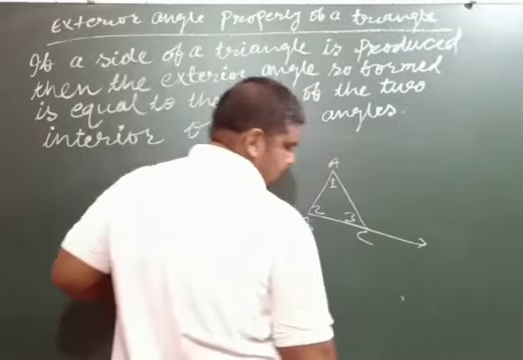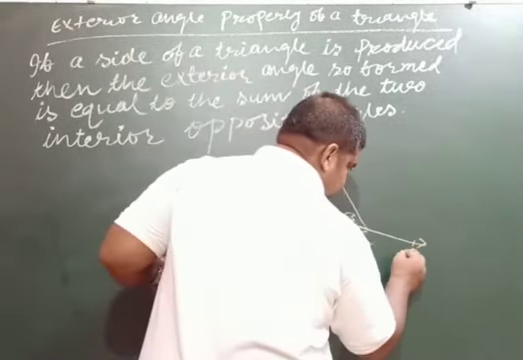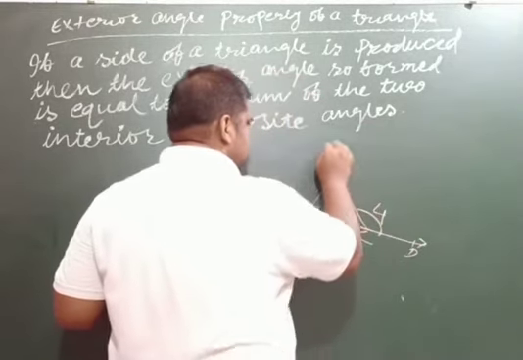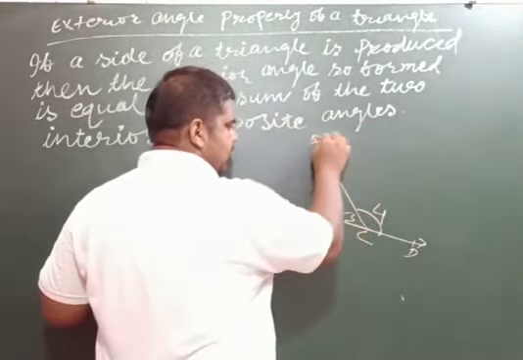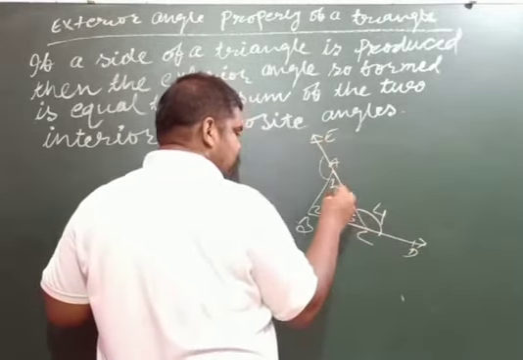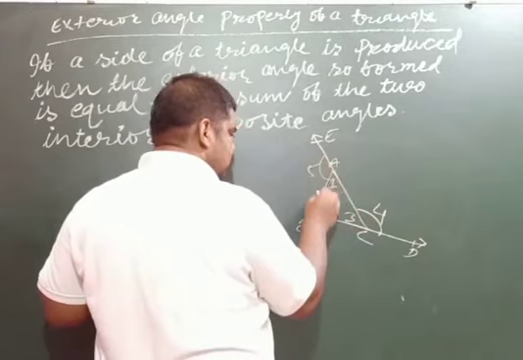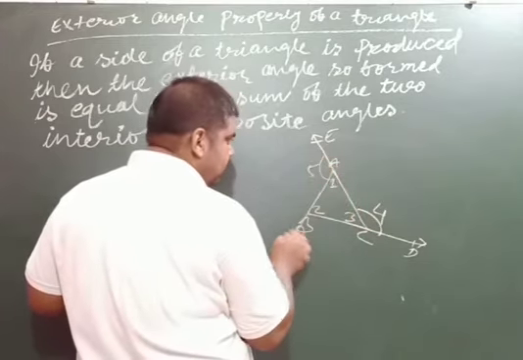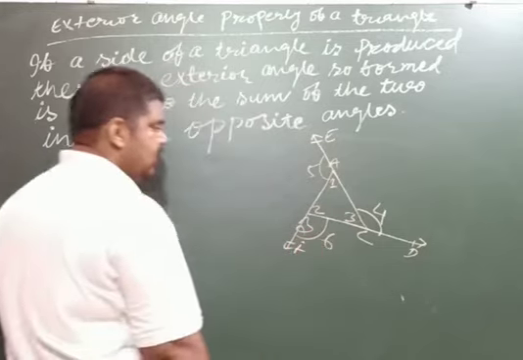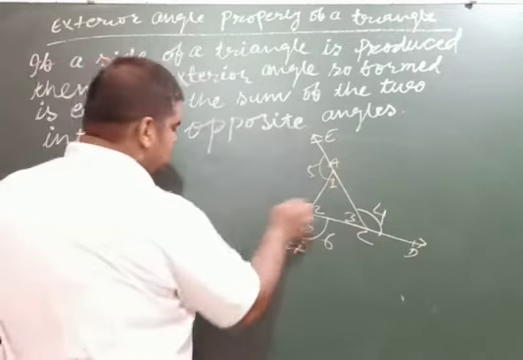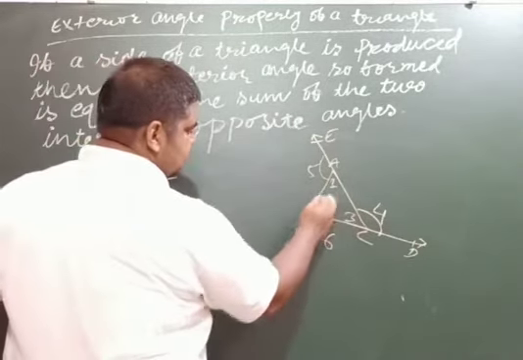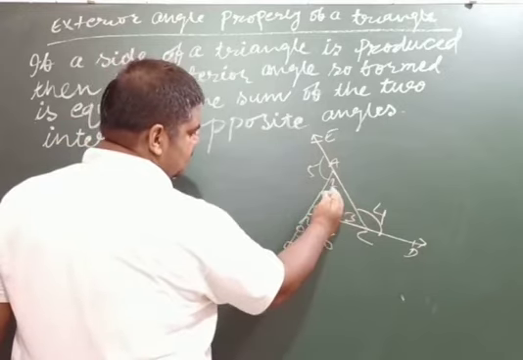If you extend this side to D and name the exterior angle 4, extend this side to E and name it 5, and this one to F and name it 6, then by the exterior angle property angle 4 is equal to the opposite interior angles, 1 and 2.